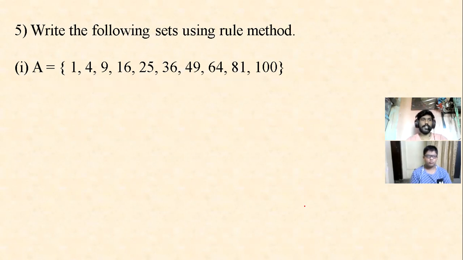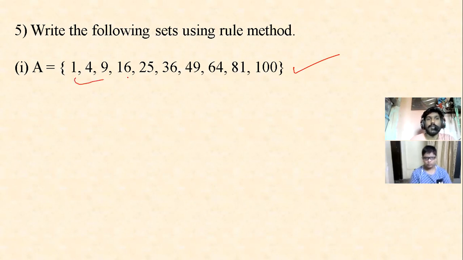Okay, now we'll do the next part of your exercise. That is question number 5, and that says, write the following sets using the rule method, or the set builder form. This question is given in the listing method, and you have to write this in the set builder form.